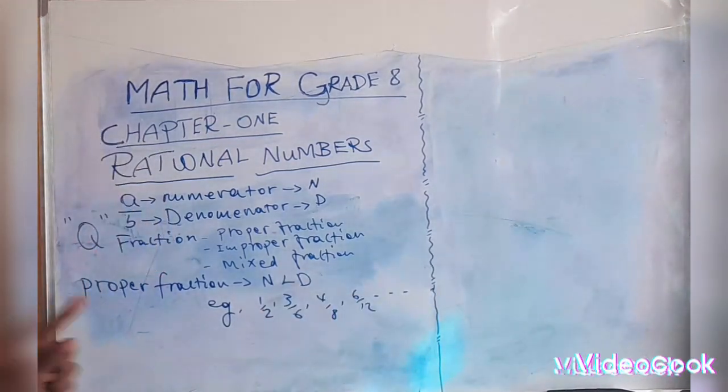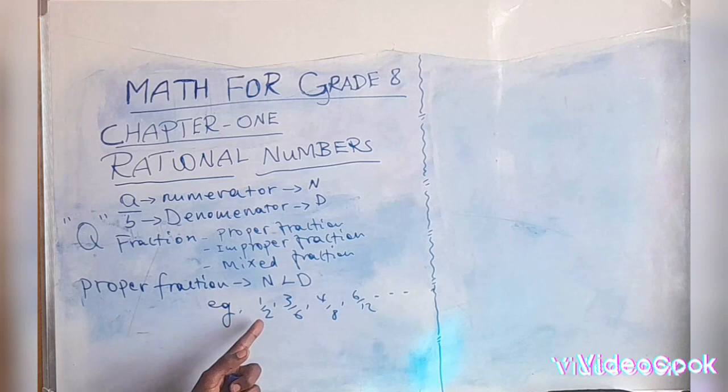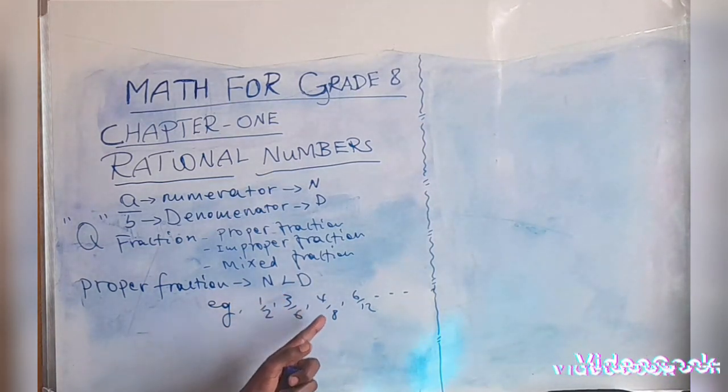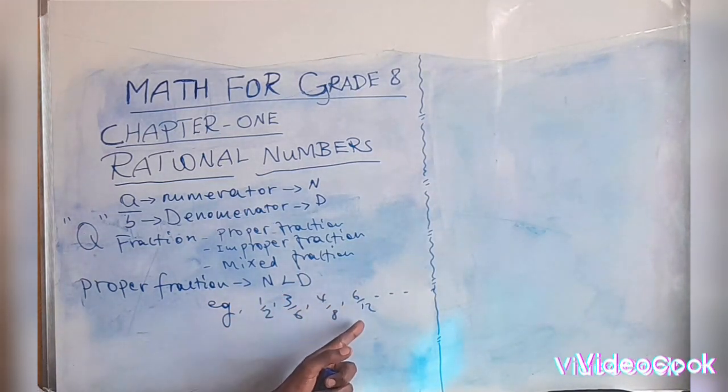You see, 1 is less than 2, 3 is less than 6, 4 is less than 8, 6 is less than 12.